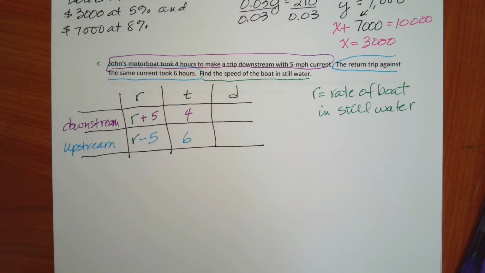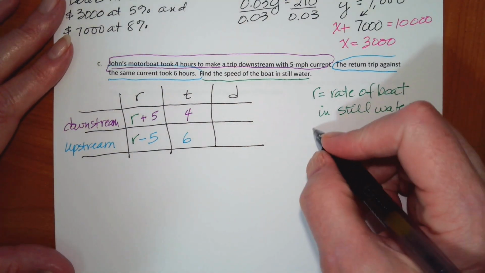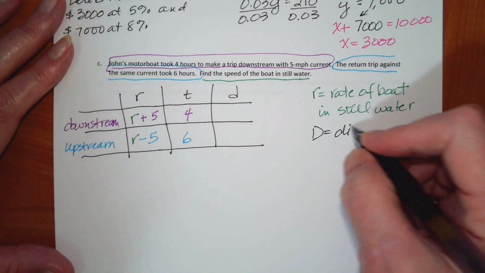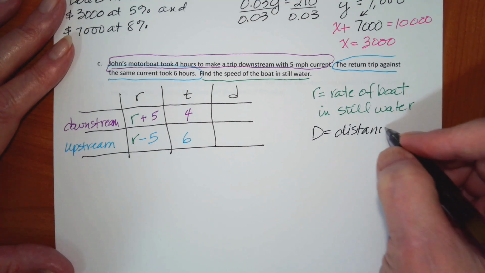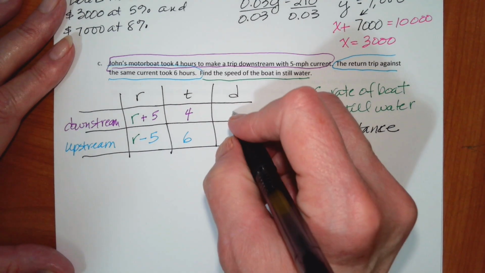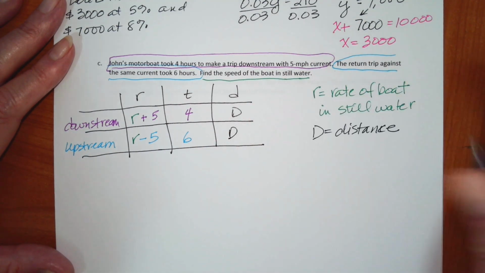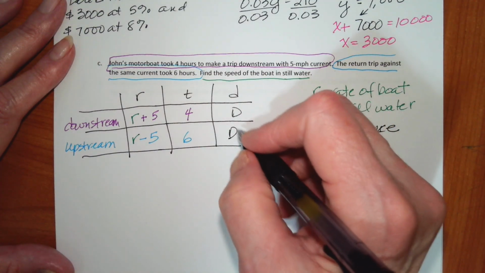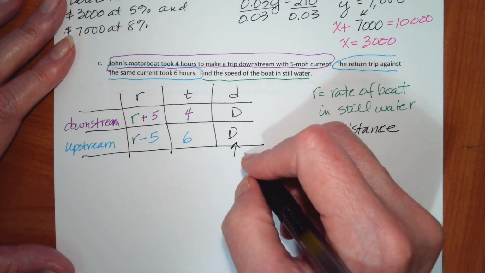And the distance is just the distance. So we'll make d equal the distance. We don't know what it is. It doesn't matter. What we do know is that these are the same.